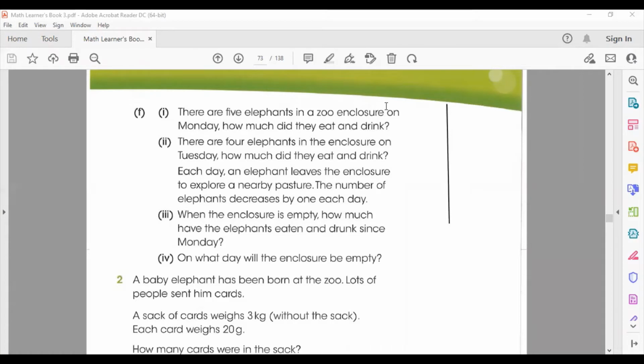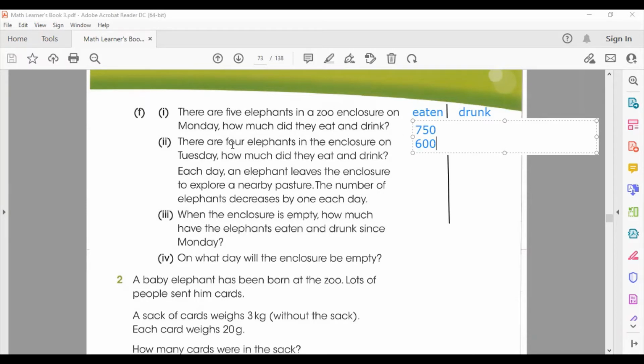On one side eaten, on the other side drunk. On Monday, 750 kg, and on the next day, Tuesday, it's 600. Why 750? 5 elephants, 5 multiplied by 150, it's 750.